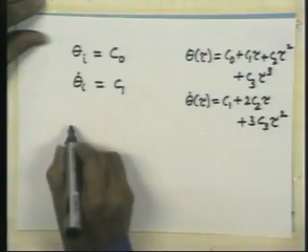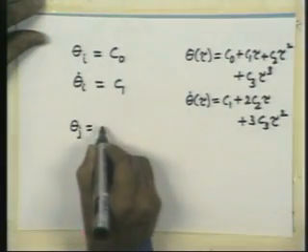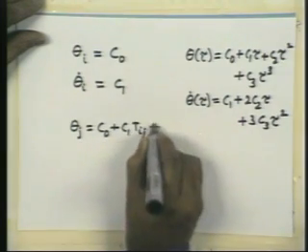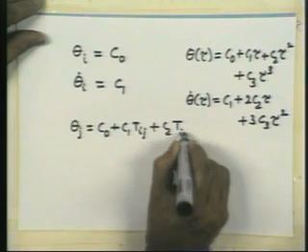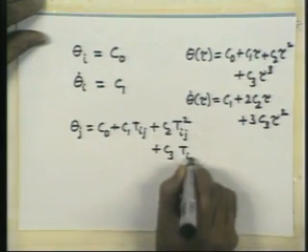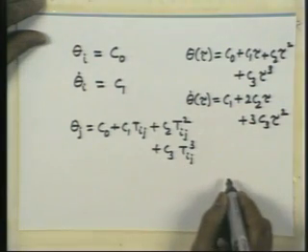At the other end, theta j is C0 plus C1 Tij plus C2 Tij squared plus C3 Tij cube.